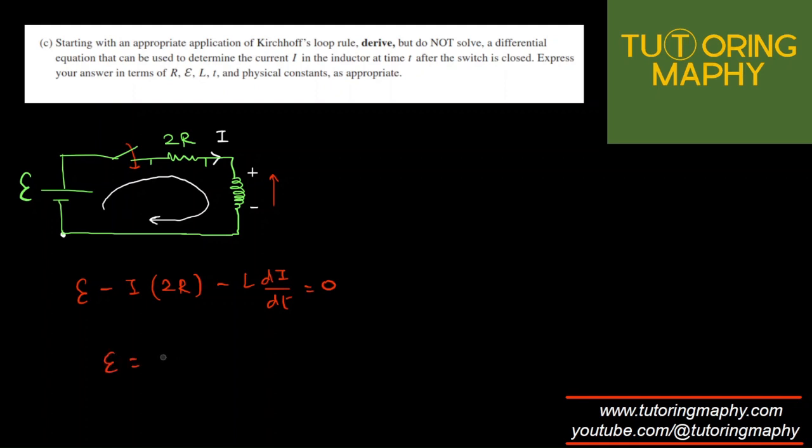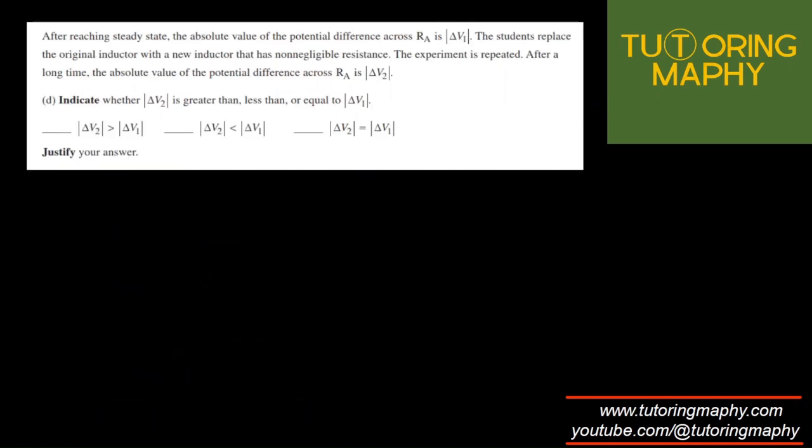If we just rearrange this, bringing the negative terms over to the right side so that it's positive, the answer is E is equal to 2IR plus L dI over dt. That's going to be the differential equation to find the current with respect to time.